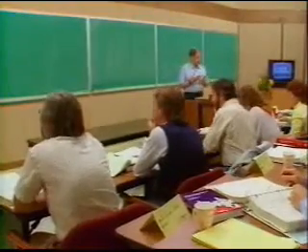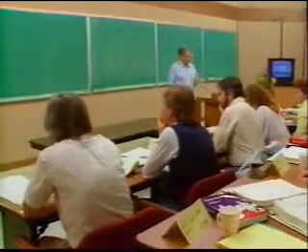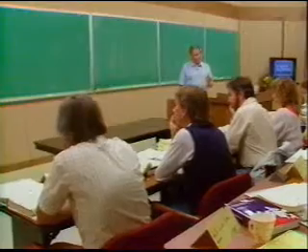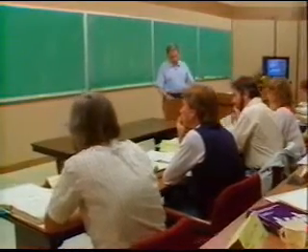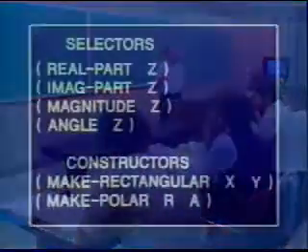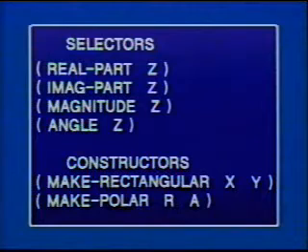We come down, we assume we have some constructors and selectors. What would we like? Well, let's assume that we make a data object, a complex number, that has some stuff in it, and that we can get out from a complex number the real part, or the imaginary part, or the magnitude, or the angle. We want some ways of making complex numbers, not only selectors but constructors. So we'll assume we have a thing called make rectangular.